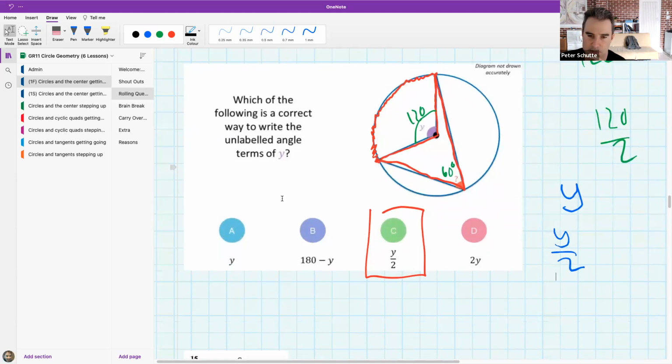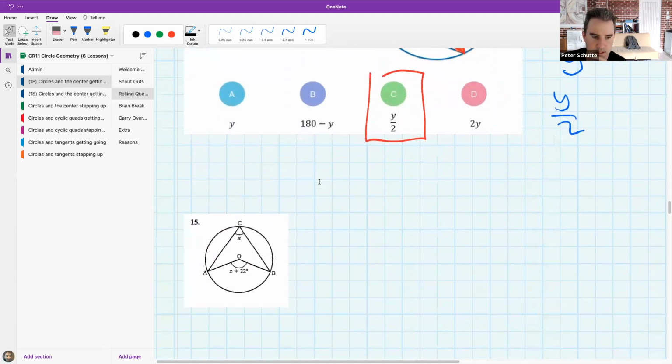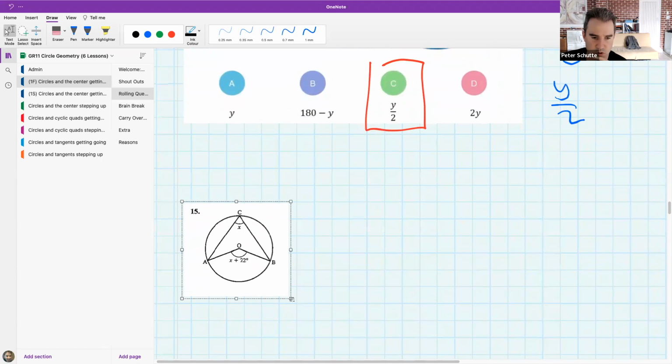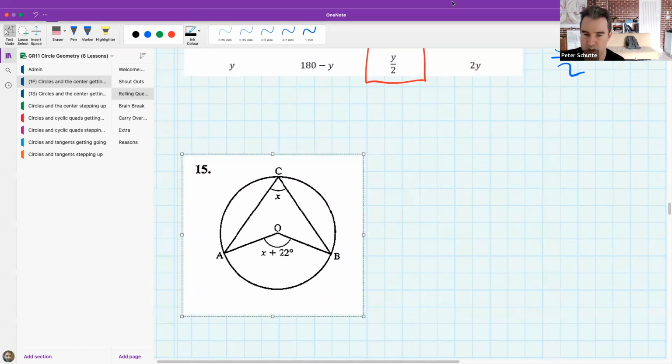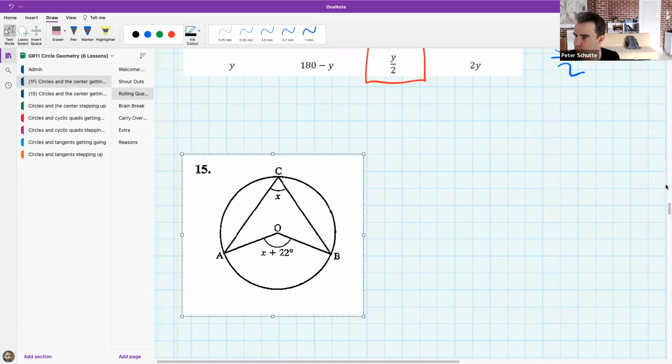Okay, let's practice this a bit more, I think. Let's do number 15. Little bit harder. It's our last question for today. If I give you a circle that looks like that, I want you to work out what x is going to be. Okay, I can see quite a few students need a bit more help, so don't worry.